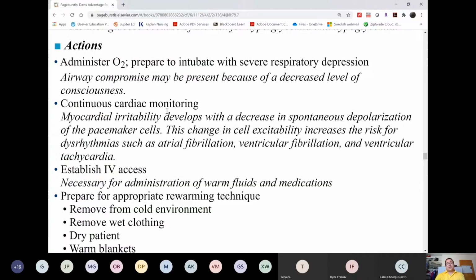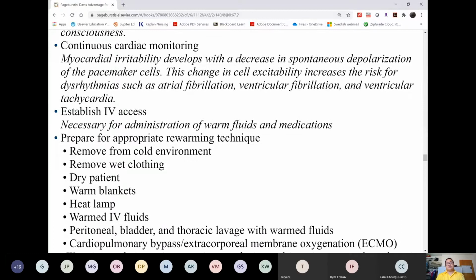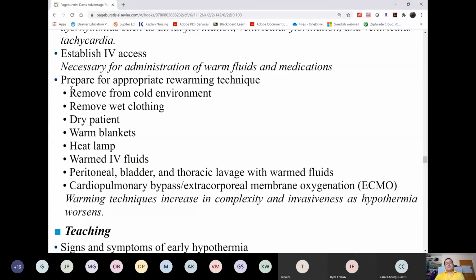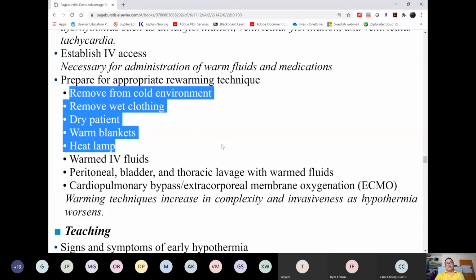Oxygen is your intervention's priority. Monitoring, again, the patient may go into cardiac arrest with severe hypothermia. IV here is not only for your medications, but also for internal warming. And these are your first aid. You start these, well, except probably there.